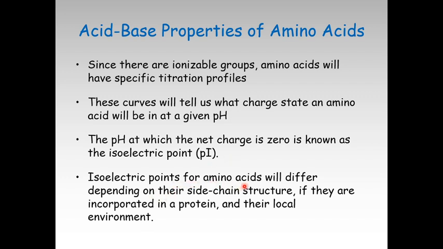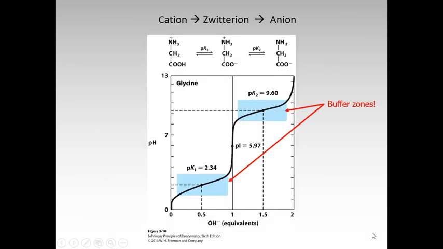You can also extend this definition for a peptide. Isoelectric points for amino acids will differ depending on their side chain structure, if they are incorporated in a protein, and their local environment. Let us consider the acid-base titration curve for glycine, which is a simple amino acid that is devoid of any side chain substituent.